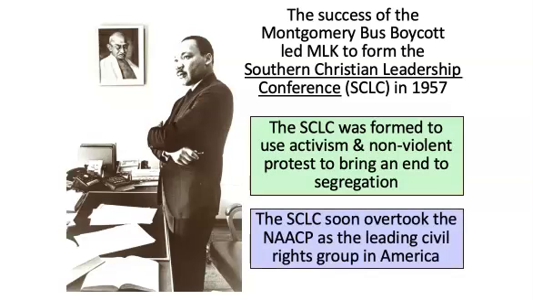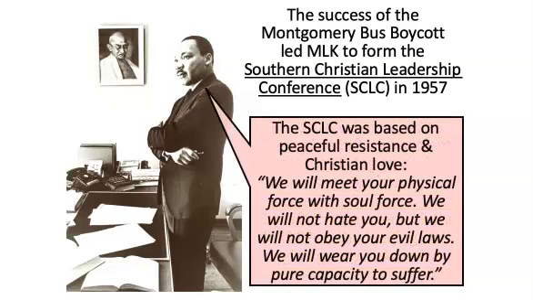Now, the SCLC soon will overtake the NAACP as the leading civil rights group in America. The SCLC was based mostly on resistance, not only peaceful resistance, but also, according to Martin Luther King Jr., Christian love. I'll let you read the quote yourself.